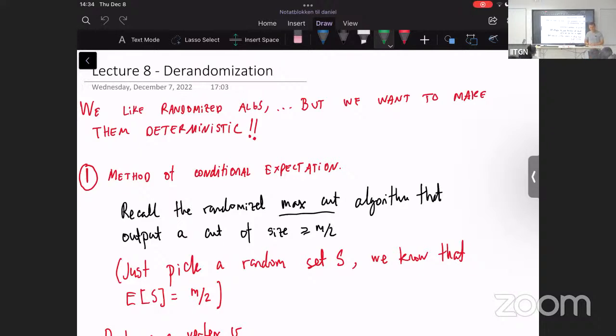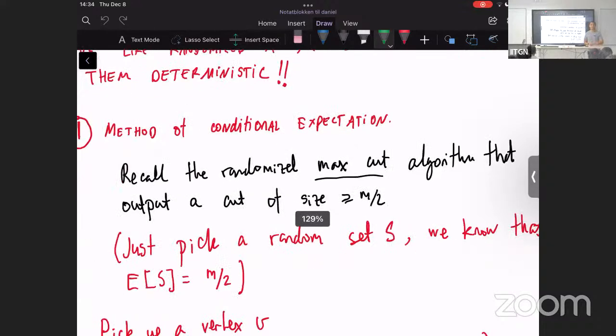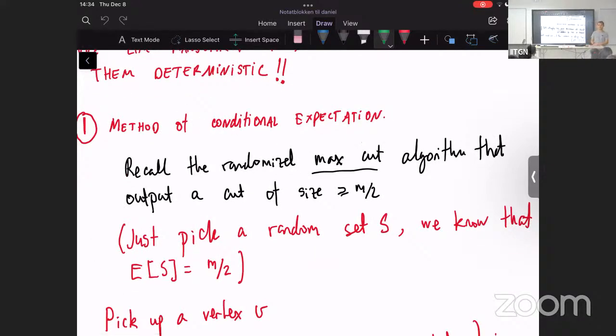So the very first one is the max cut problem that we considered in the very first lecture. Here the input is a graph G. The task is to find a vertex set that maximizes the number of edges leaving the set. And we showed that if we pick a random vertex set, then the expected number of edges that are cut is half the edges, m/2.